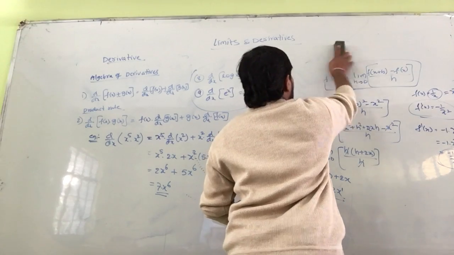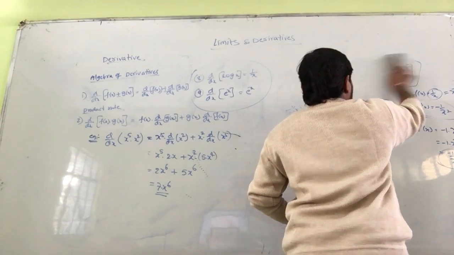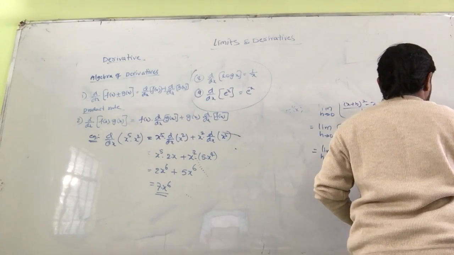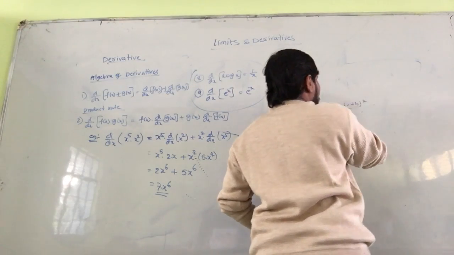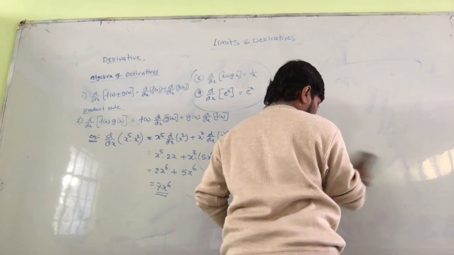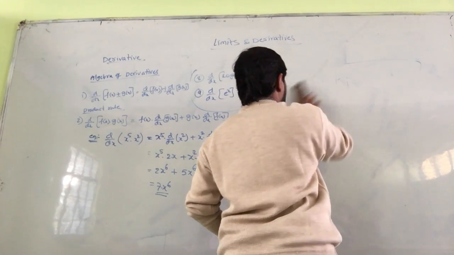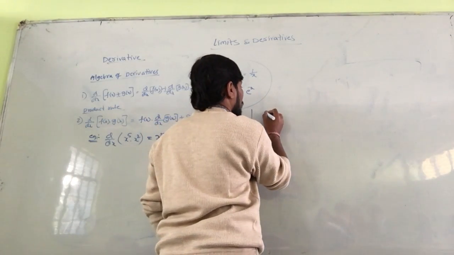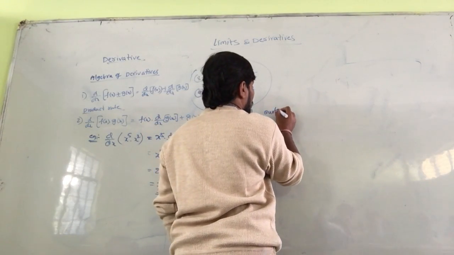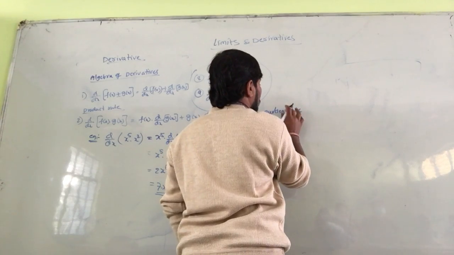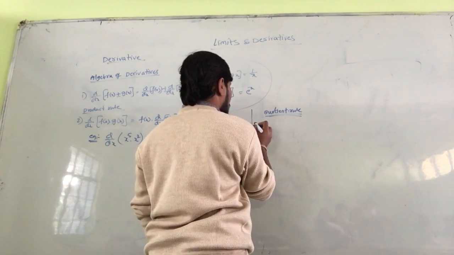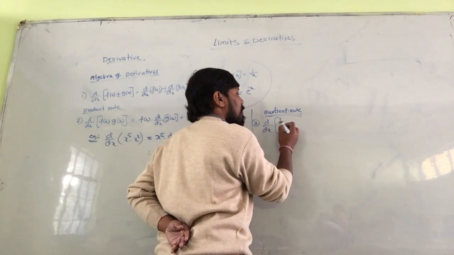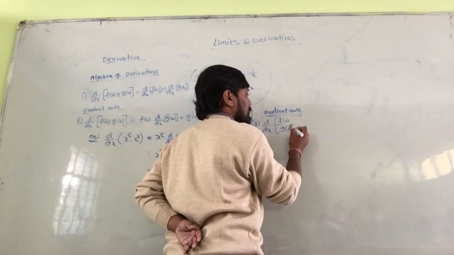The quotient rule is the third one here: calculate d by dx of f of x divided by g of x.